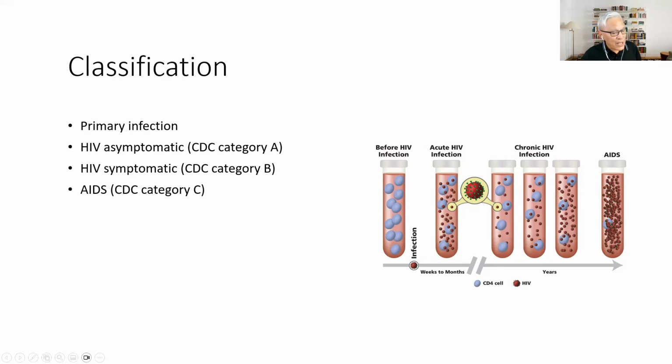So in this stage, the patient is still going to be HIV negative, right? So the primary infection is up to, this is the HIV negative. And then now I detect the antibodies. I now am going to be HIV positive.